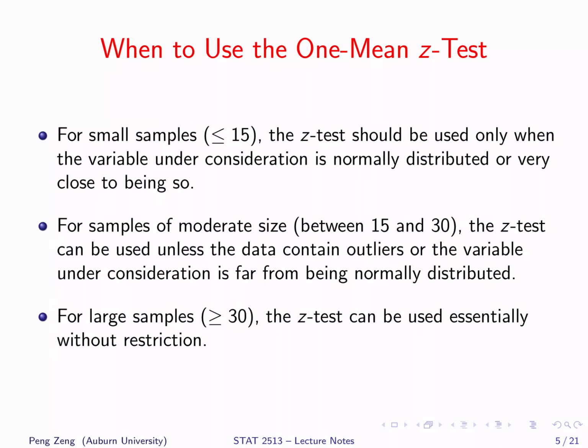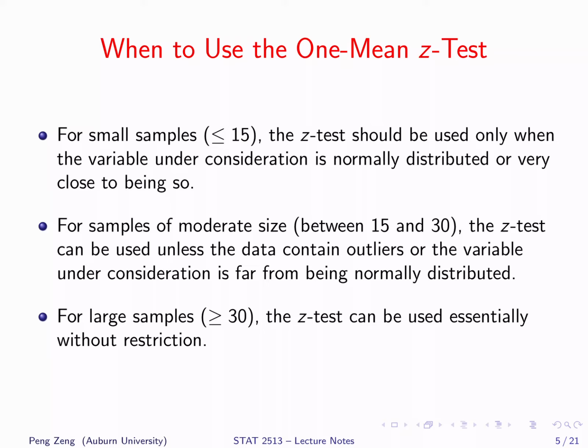Let's make some comments on when to use the one-mean z-test. We had similar comments when we discussed how to construct confidence intervals for population mean. When the sample size is small, less than 15, the z-test should be used only when the variable under consideration is normally distributed or very close to being so.